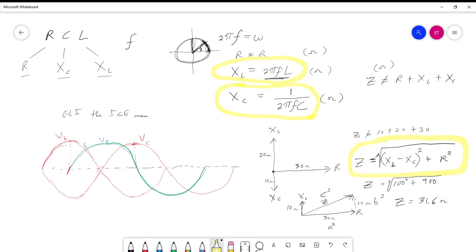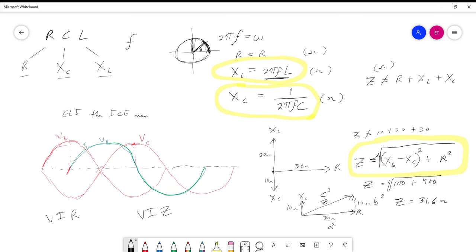And maybe just in closing, we can mention that in previous days of the DC course, what did we have? We had V, I, and R, and we did Ohm's law with that. You can still use Ohm's law, but now we're a little wiser and we know to do V, I, and Z. Z is the whole story.